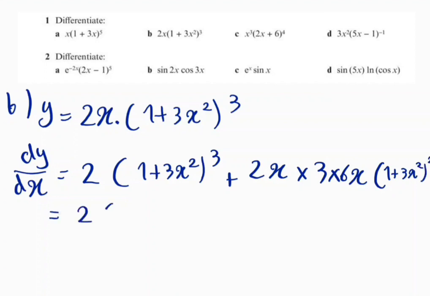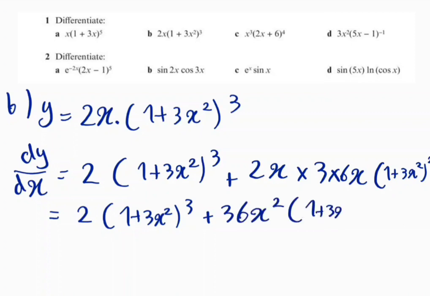Let's simplify this: 2 times (1 plus 3x squared) to the power of 3. And here we have 6x times 6x, which is 36x squared, times (1 plus 3x squared) squared.